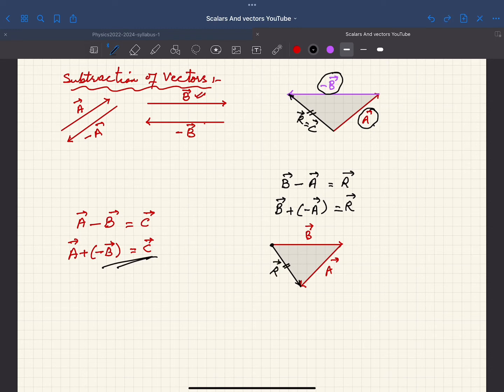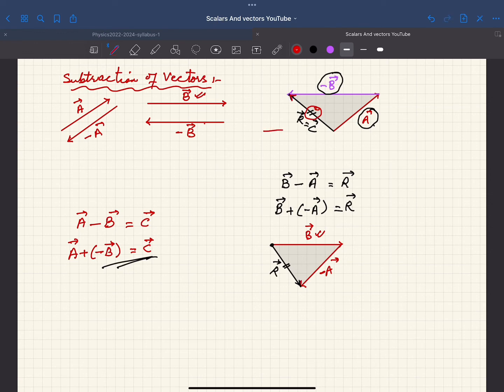In this case, we are subtracting vector A from B, so the negative of A is being added to the basic vector B, and the resultant will be in the opposite direction. Here you can see that the resultant vector is in this direction.